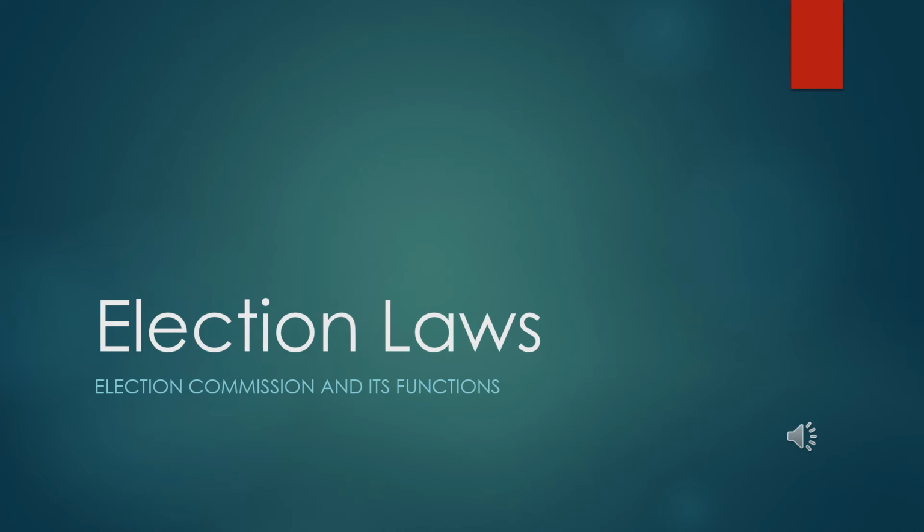I have already said these are the important acts, 50-51. When we study the election of president and vice president, the second act will be important. And the Government of Union Territory Act, when there is election in union territory, we will discuss that part also, how the election of union territory is basically held. And there are rules and regulations for that also.